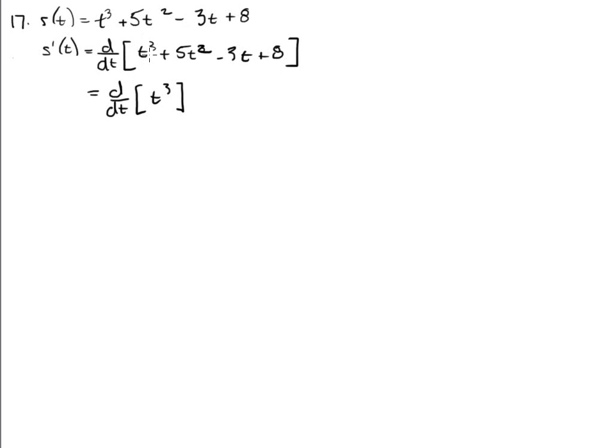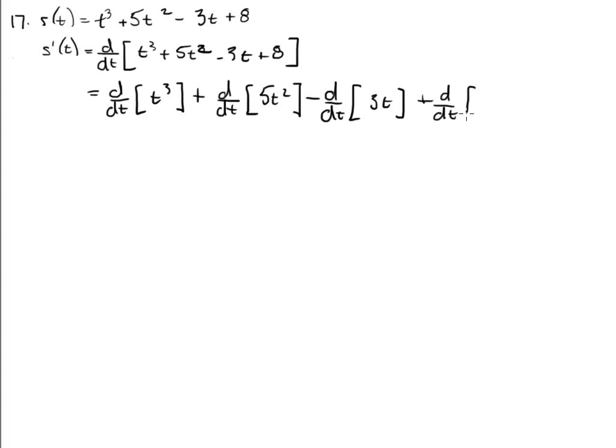So if we take the derivative of this first term plus the derivative with respect to t of the next term, here we have a minus, so minus the derivative of this next term, and then plus the derivative of our last term, we get the same thing as the derivative of this.